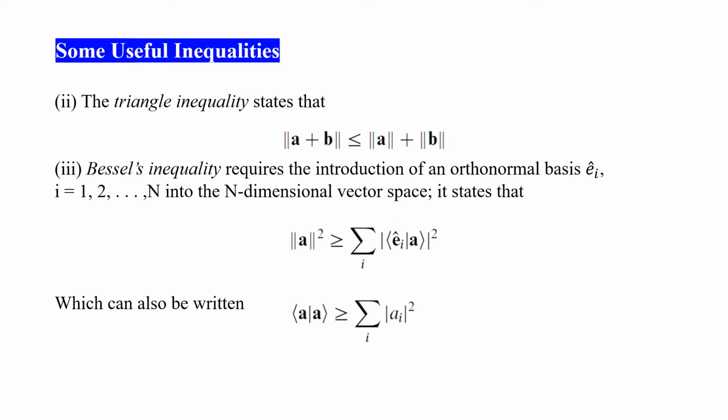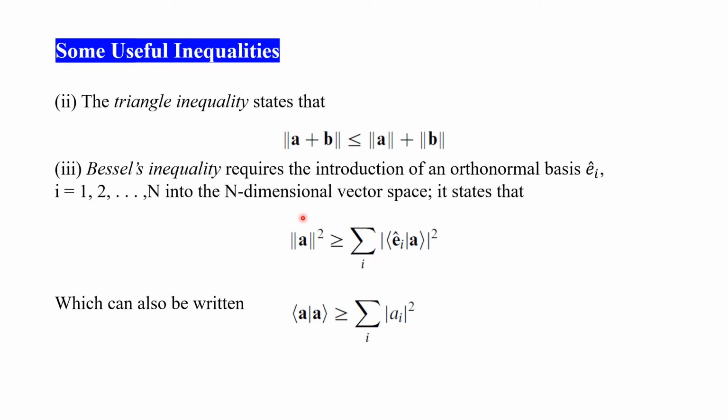The next inequality that is also useful is the triangle inequality, which states that the norm of A plus B is less than or equal to the norm of A plus the norm of B. And then we have Bessel's inequality, which requires the introduction of an orthonormal basis ei hat, where i is equal to 1 up to n, in the n-dimensional vector space.